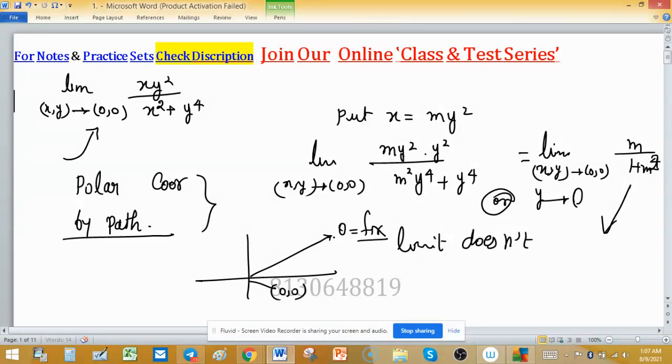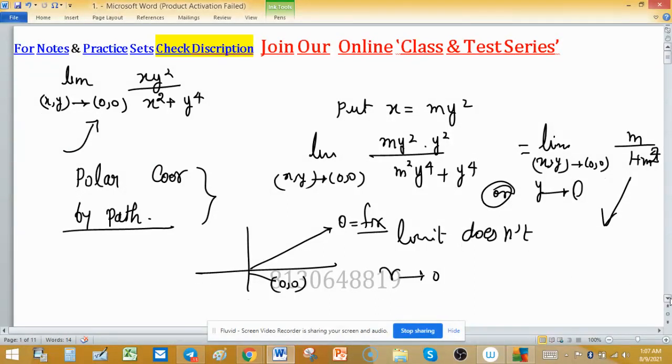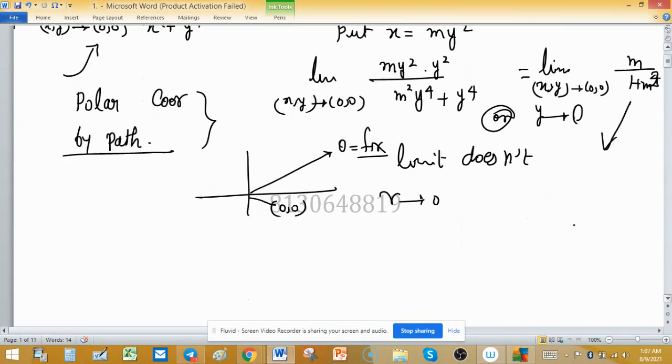Make theta fixed and r tends to 0, then the polar coordinate system will help you reach (0, 0) along a fixed path, which is only a straight line, as r is reducing to 0. So using this concept we use the substitution x equal to r cos theta and y equal to r sin theta.